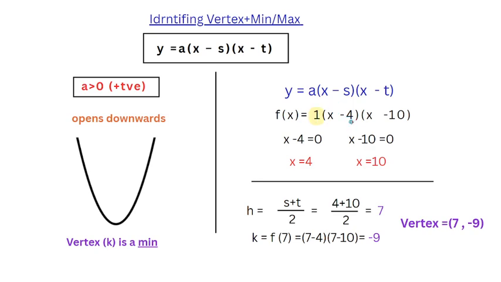We will get the solution. All have the same meaning. x minus 4 and x minus 10. When we get x minus 4 equals 0, so x equals 4.